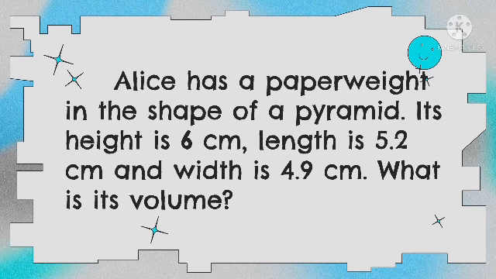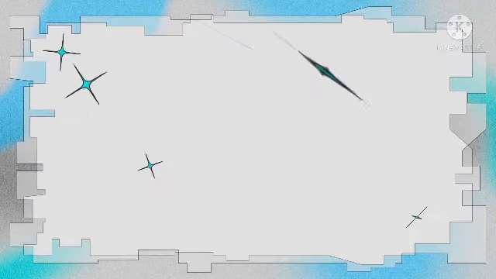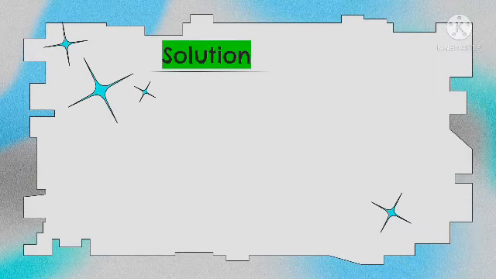So, hinahanap natin dito yung volume ng pyramid. So, hindi natin na-discuss kung paano ba natin makukuha ang volume ng pyramid. Okay, so ganito ang ating solution. So, ang volume ng pyramid ay equal sa length times width. Ano ba yung length times width? Diba ito yung area.